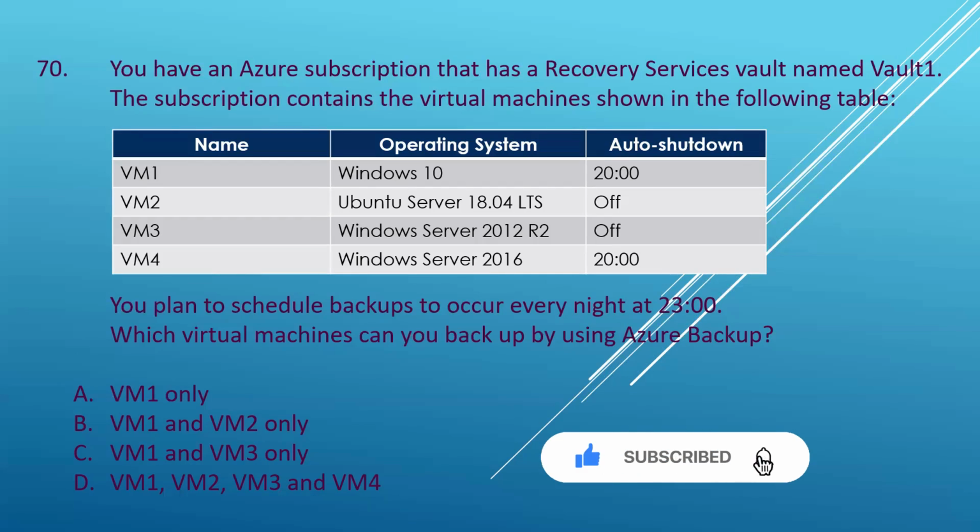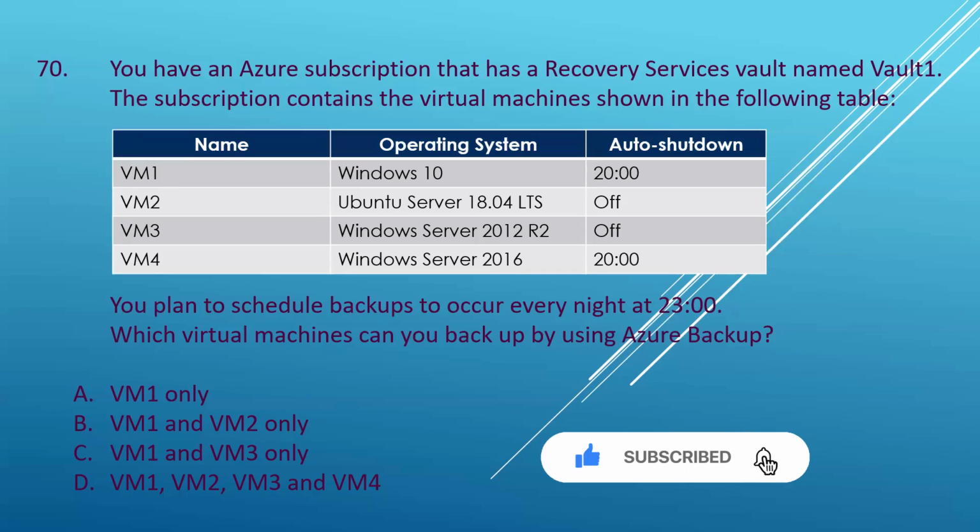Now, the machines also have an auto shutdown schedule. 2 machines, which are VM1 and VM4, are getting shut down at 8 p.m., whereas the other machines don't have an auto shutdown schedule. You plan to schedule backups to occur every night at 11. Which virtual machines can you back up by using Azure Backup? Now, the options are: VM1 only, VM1 and VM2, VM1 and VM3, and VM1, VM2, VM3, and VM4.